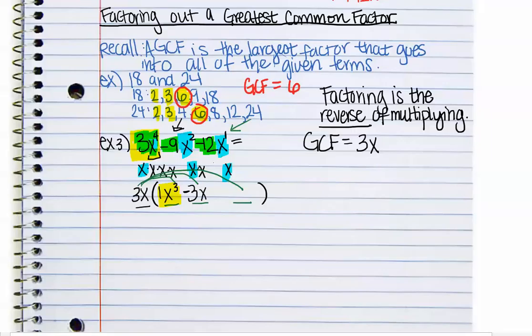All right, in the last term, we just go through the same process. 3 times what gives us negative 12x? Well, I need a negative, and to get 12, I need a 4. But when it comes to the x's, I don't need any more x's. I only have to have 1 in this term, and I get that from this right here. So I don't need to add any more x's. And there's your answer. That's the factored form.